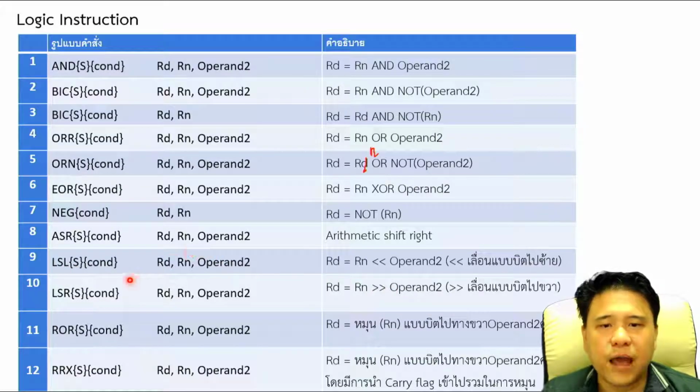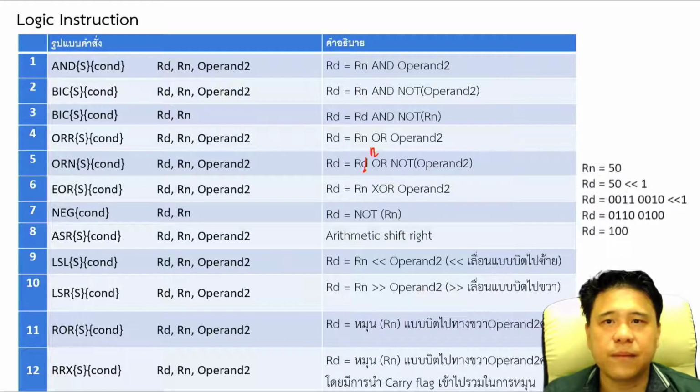If you have LSL with RD, Rn, operand 2, so what is going to happen? The explanation should be RD equal to Rn shifted by operand 2. This one is called logic shift left.